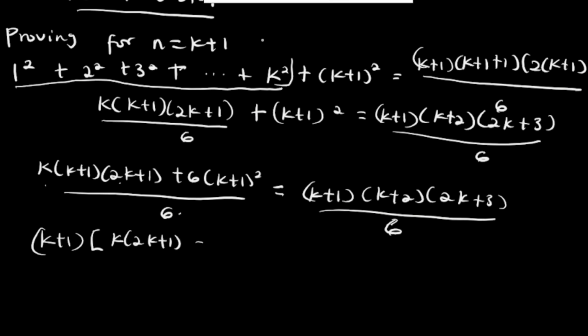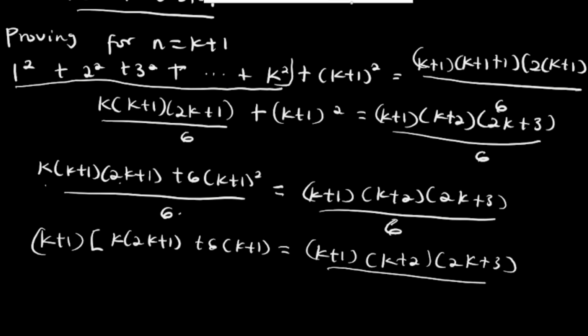Then this side will give me plus 6 multiplying k plus 1 should be equal to k plus 1, k plus 2, sorry. So k plus 2, then this side is 2k plus 3, all out of 6.